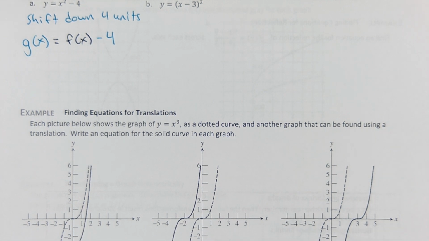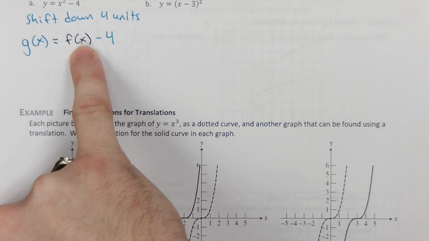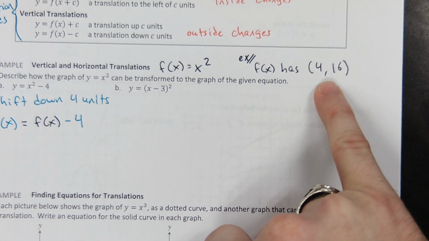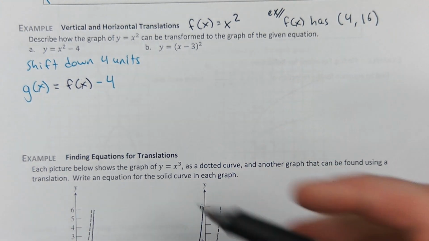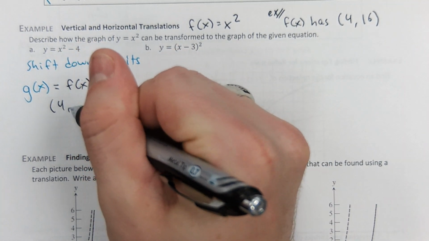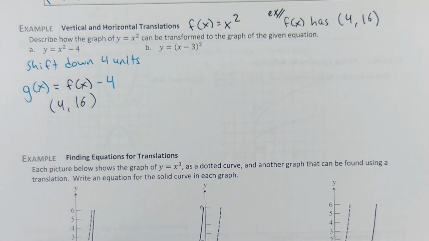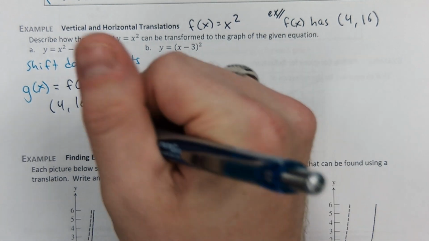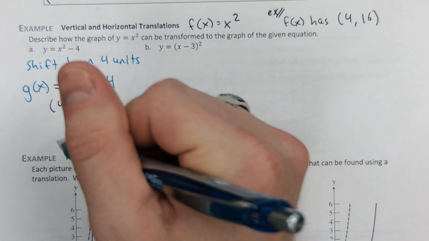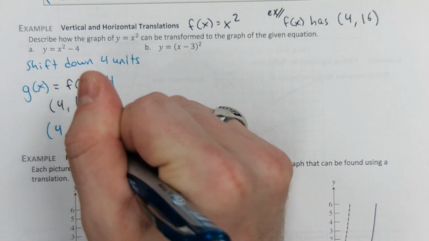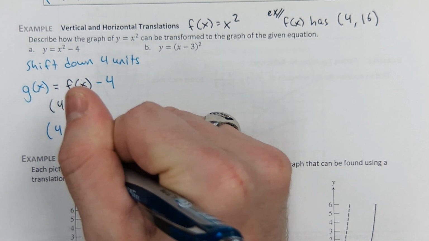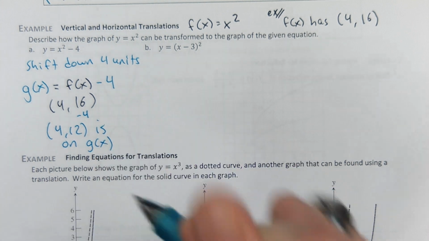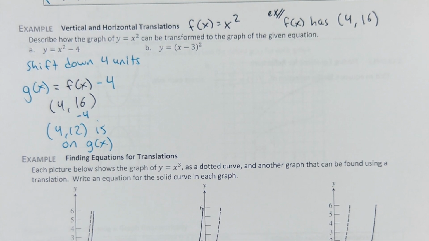Okay. And just to really drive it home, I want to show you how this transformation changes the coordinate that we said was on f of x. We said take 4 away from the y's. You literally just subtract 4 from the y's.